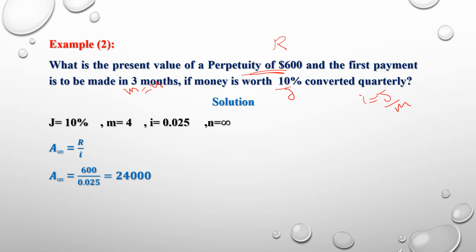Then A infinity equals R over I, and R equals 600, and I is 0.025, and this equals $24,000, and this is the present value of the perpetuity.